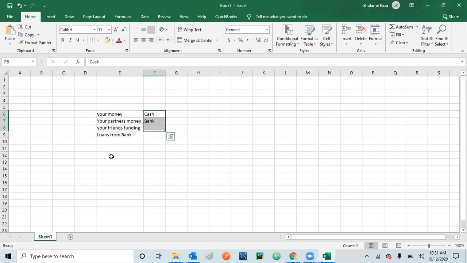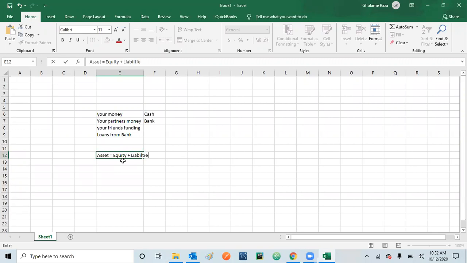So that's why the equation for the accounting balance sheet is: asset is equal to your money, which means equity, plus your friend's funding, meaning a loan from friends or a loan from the bank. So equity plus borrowing, or you can say liabilities.